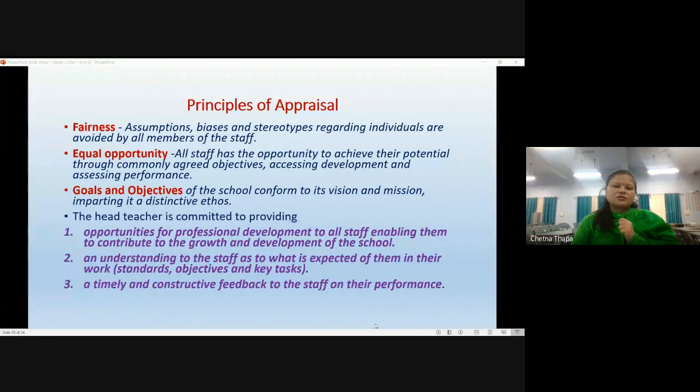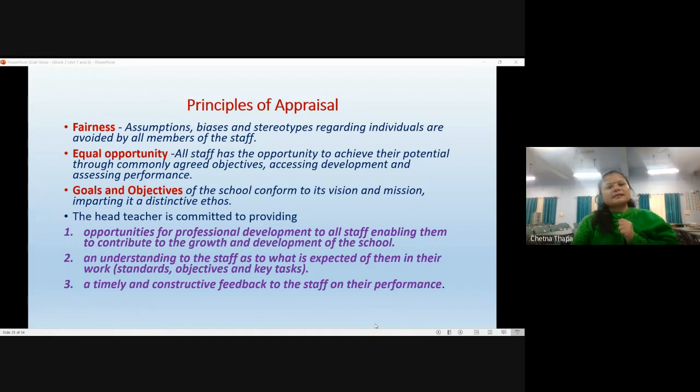He should not have a stereotype regarding the individual whose staff appraisal he is preparing. Then there should be equal opportunity. All staff should have an opportunity to achieve their potential, and that too through commonly agreed objectives.